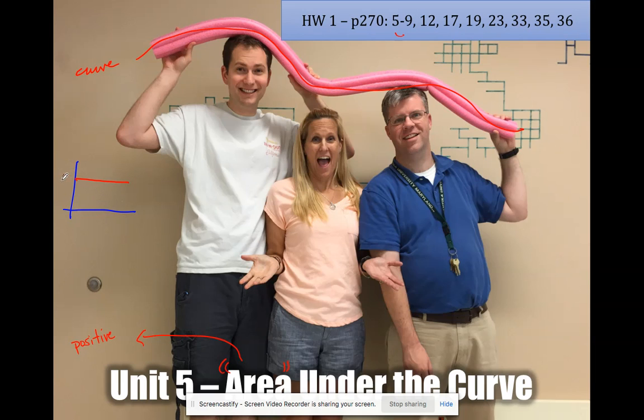Let's say this is at a height of 5, and I'm starting here at 0, and I end at 6. The area under this curve is just the area of a rectangle, right? Which is the height of the rectangle times the width of the rectangle. So the area under the curve is 30 square units.